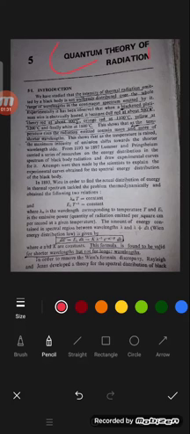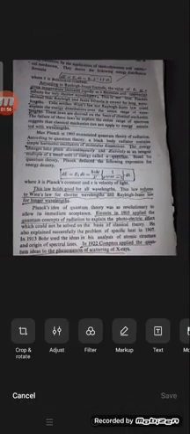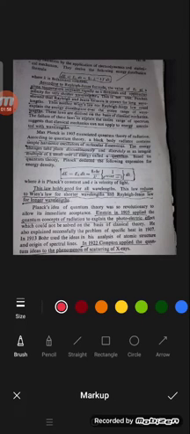Before Max Planck, many scientists like Rayleigh, Jeans and Wien worked on the quantum theory of radiation to explain it, but Max Planck gave the full-fledged theory.